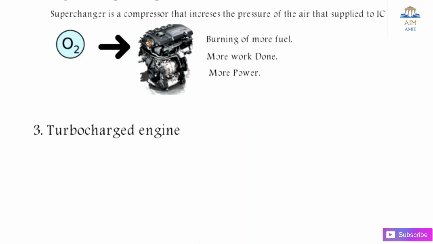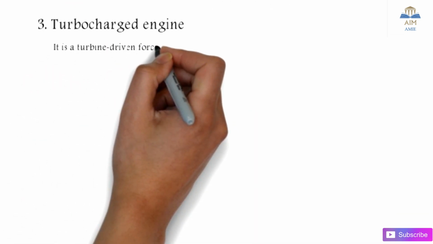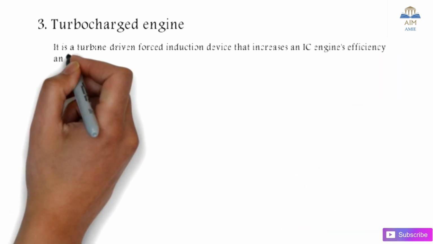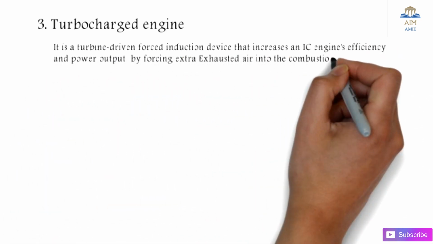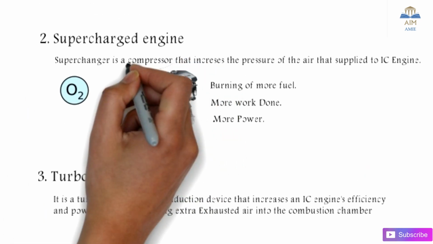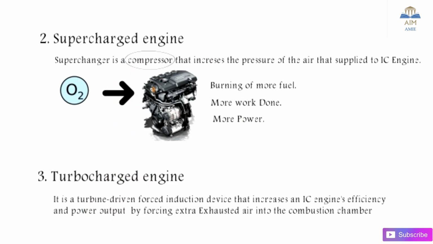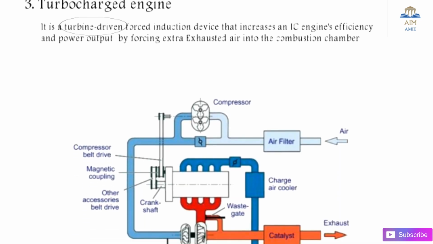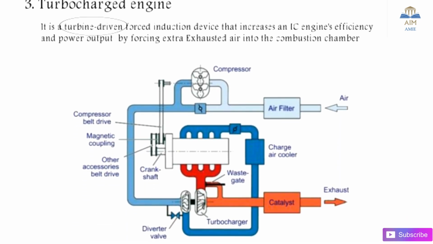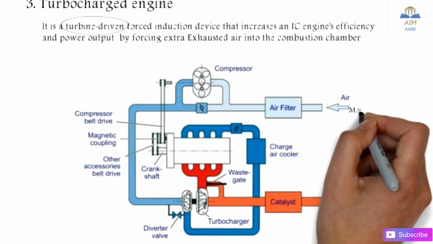So guys, the next one is the turbocharger. It is a turbine driven forced induction device which connects to the exhaust of the engine, and the air is then supplied to the internal combustion engine chamber. This is the simple representation I have shown. In this case, the compressor and the turbocharger are both attached.